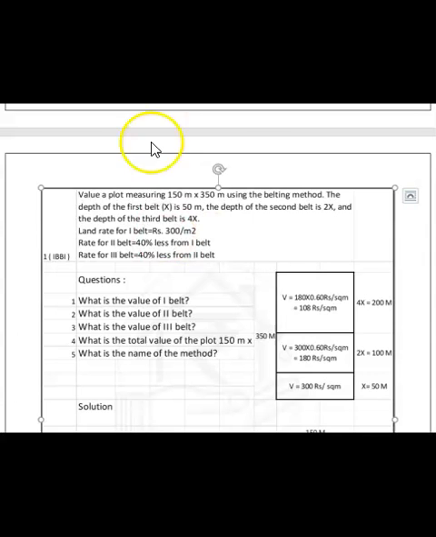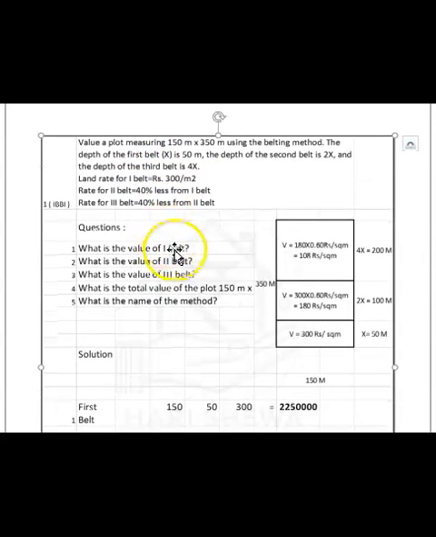To calculate, this is an IBBI question. What is the value of the first belt, value of the second belt, value of the third belt? What is the total value of the plot 150 into 350 meter square? What is the name of the method?